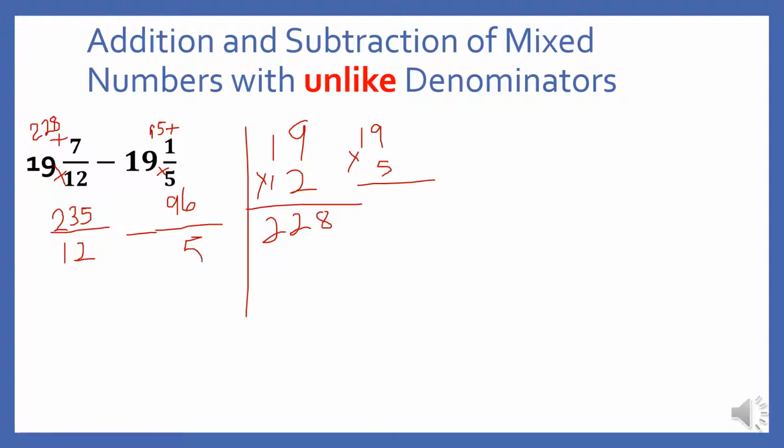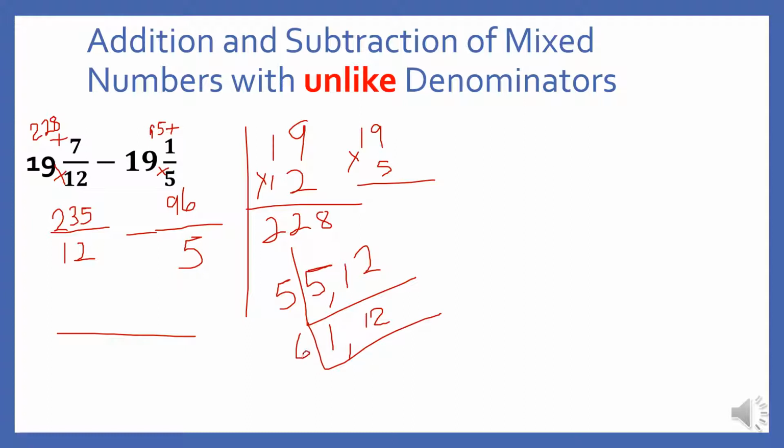The next step is to find common denominators. What is the LCM of 12 and 5? We need to go to our working column, write 12 and 5, and find the LCM of 12 and 5. 5 into 5 is 1. 5 cannot go into 12 without a remainder, so I'm going to bring that down.